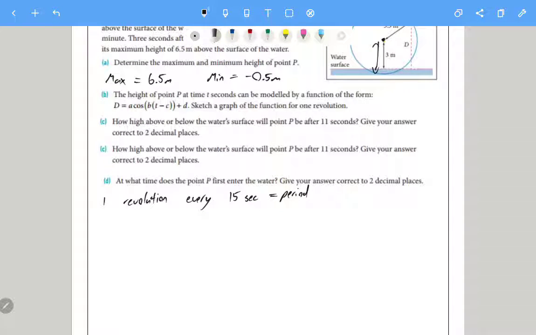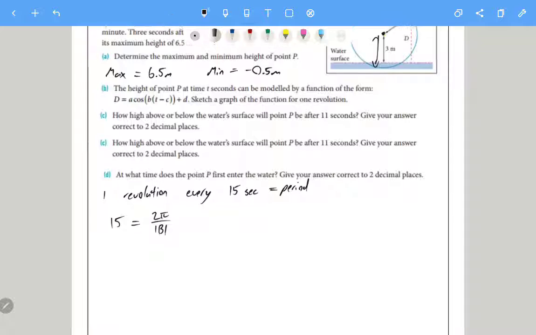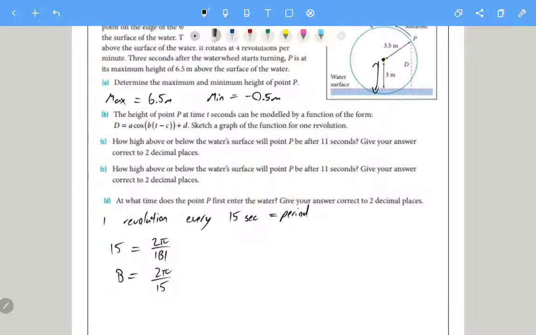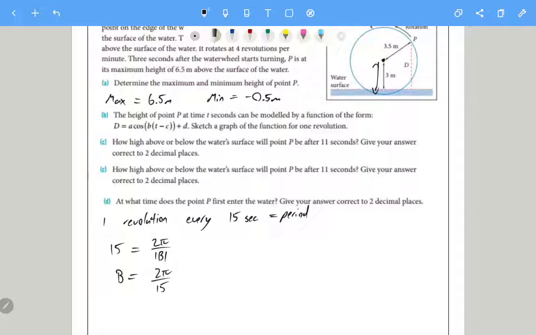So what we say is that since the period is 15 and we know that it's equal to 2 pi over the absolute value of b, well, we can solve for that. b is going to be 2 pi on 15. And there is our period. We can also determine something like our median. Our median's that middle point, and in this case, our middle point is going to be 3.